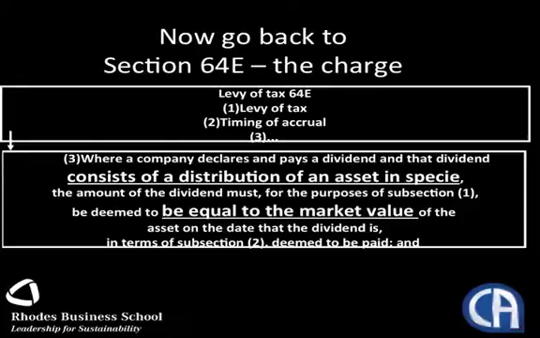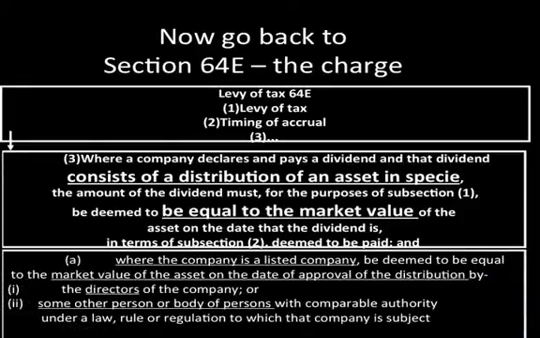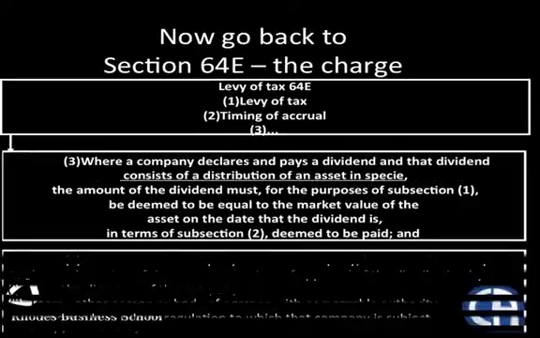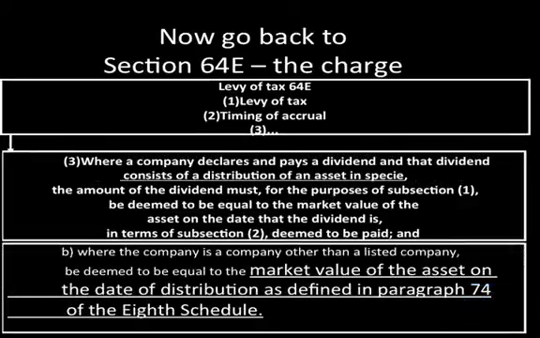64E3 then goes further, and it says, if an asset is distributed by a listed company, then the directors or a body of similar authority will perform a valuation of the assets distributed. And it goes even further, and it says, if we are dealing with an unlisted company, then we will value the asset as prescribed in paragraph 74 of the 8th schedule. You might remember the 8th schedule is capital gains tax. There are some anti-avoidance provisions in assessing market value contained in paragraph 74 of the 8th schedule.